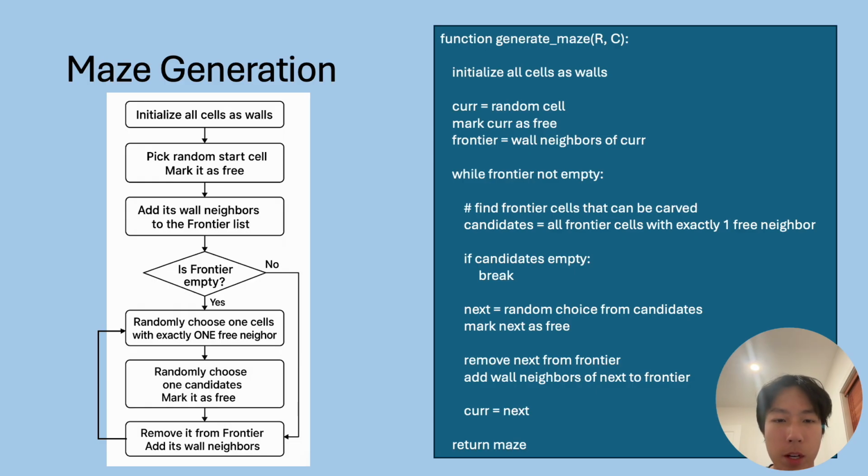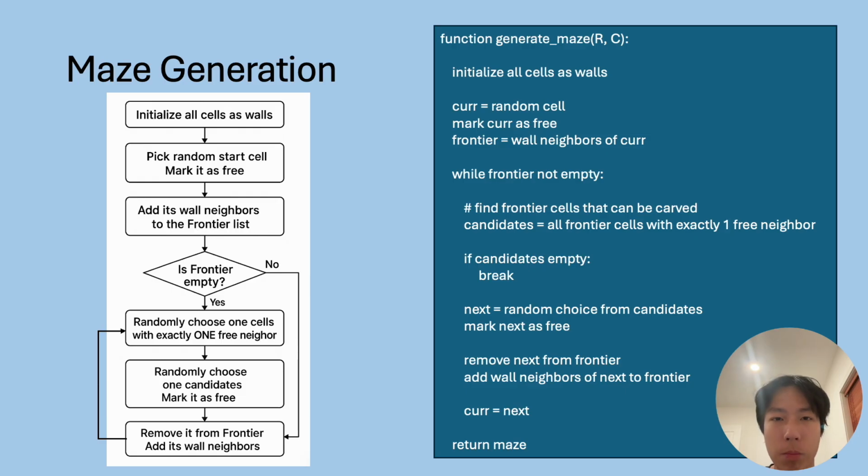Remember that I chose to have a very fancy hexagonal maze. So each cell always has 6 adjacent neighbor cells. We add these 6 adjacent neighbor cells to the frontier list, and we check whether the frontier list is empty or not. If it's not empty, we start the loop.